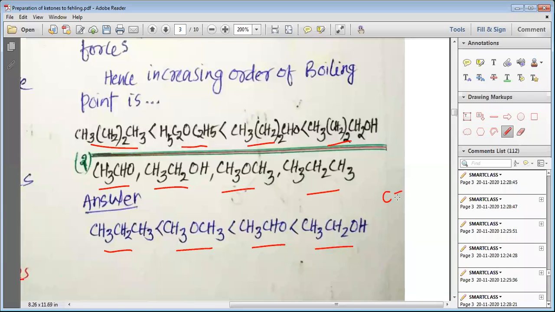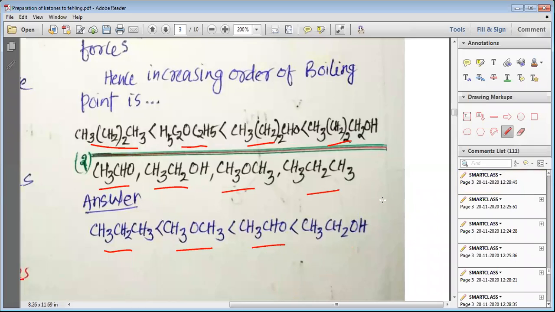We have C double bond O. In a ketone, both sides have alkyl groups, but if you look at R-CHO, here we have R and here we have H, and then the double bond to O. So that is why the hydrogen bond can be easily formed, and that is why the boiling point of ethanol is more than the boiling point of ethoxyethane, the ether.